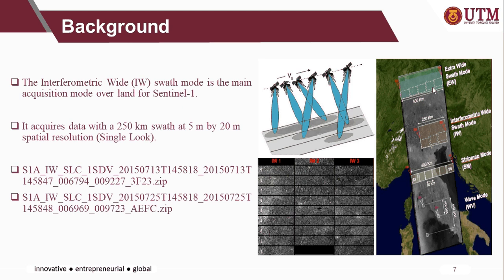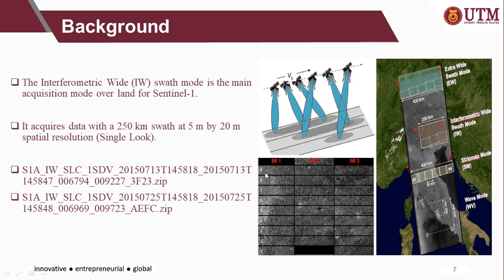The interferometric wide swath mode is the main acquisition mode over land for Sentinel A. It consists of three subswaths labeled with the red color. Each subswath image consists of a series of bursts.